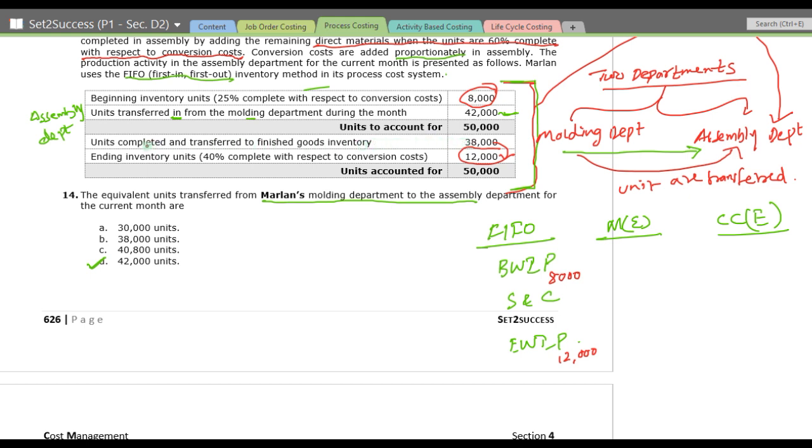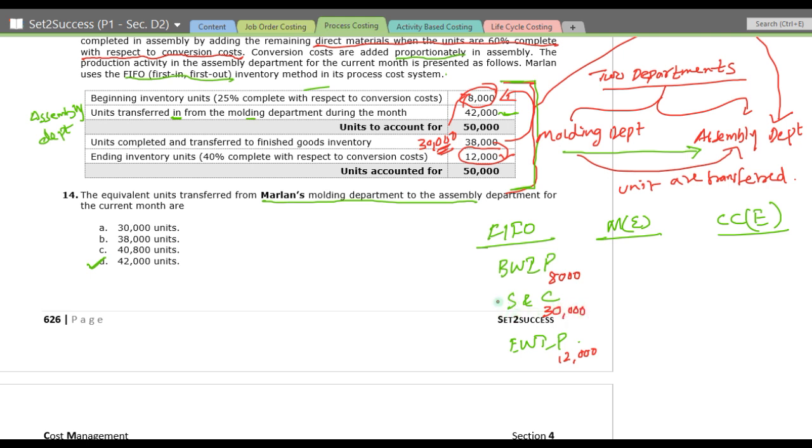This 38,000 includes your beginning inventory. So beginning inventory is 8,000 and you have completed 38,000. This means you have started and completed 30,000 units, because the 8,000 is from the previous period.